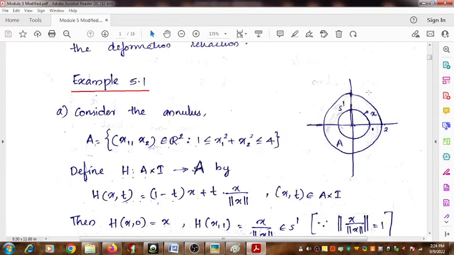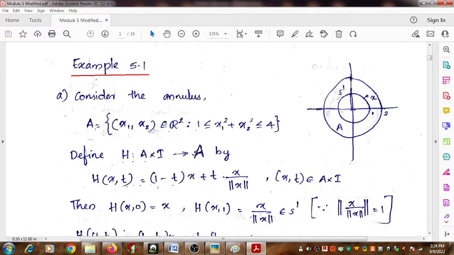The outer boundary is given by the circle x1 squared plus x2 squared equal to 4, where x1 and x2 are the first and second coordinates, and the inner circle is given by x1 squared plus x2 squared equal to 1. So the smaller circle has radius 1 and the outer circle has radius 2.